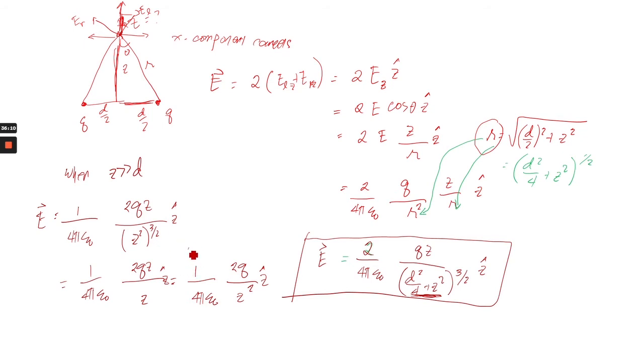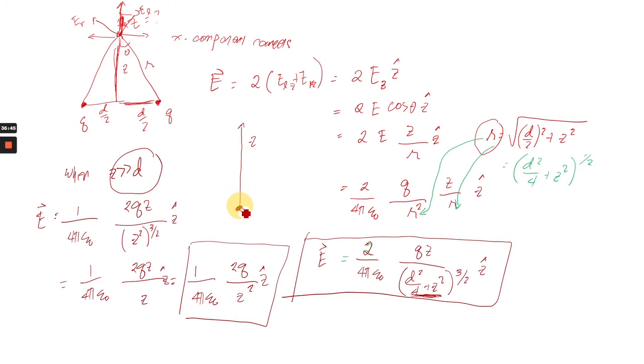So what can you conclude when z is much greater than d? That is actually the Coulomb field, or the electric field generated by a point charge with charge 2q. It's as if your charge is just one when z is way greater. Instead of seeing two separate charges, from that perspective z is so far that the two become one.